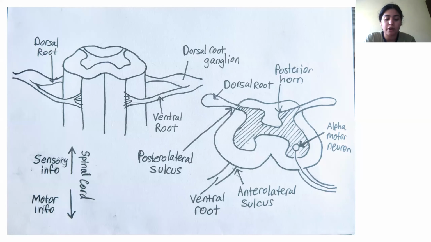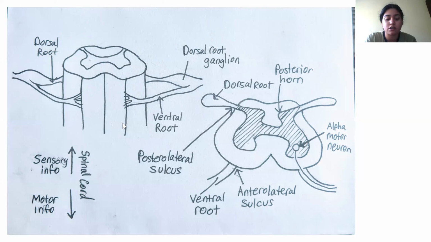Another really important part of the central nervous system is the spinal cord, and it receives sensory input from a cluster of sensory cell bodies called the dorsal root ganglion, and carries that into the spinal cord, and then that goes up into the brain. And it also contains motor neurons, which receive information from the brain, from motor cortex, and control muscles.